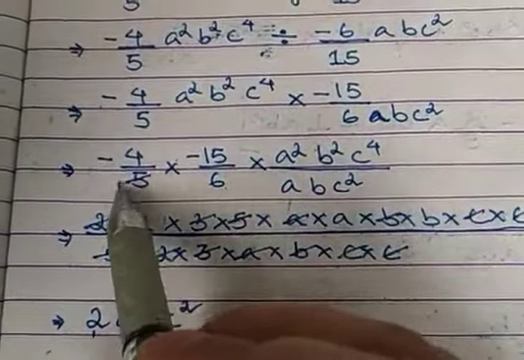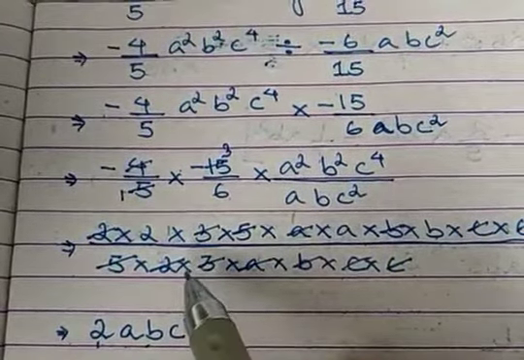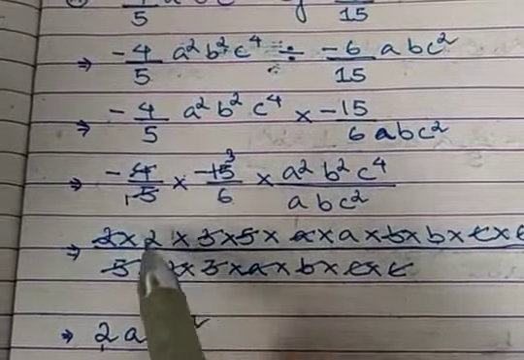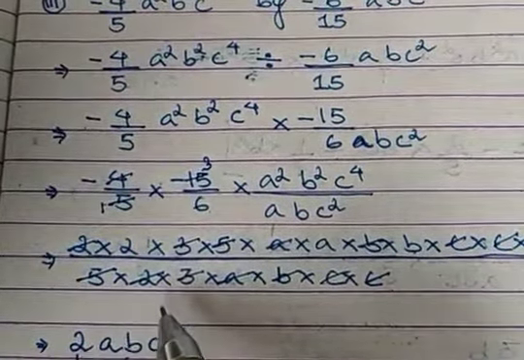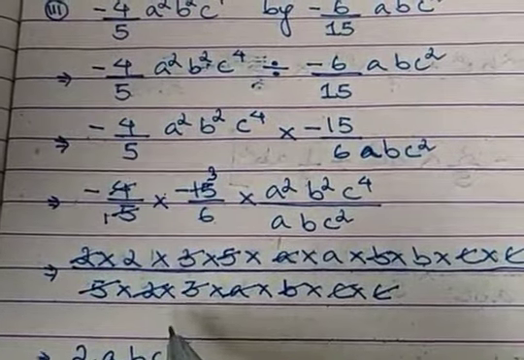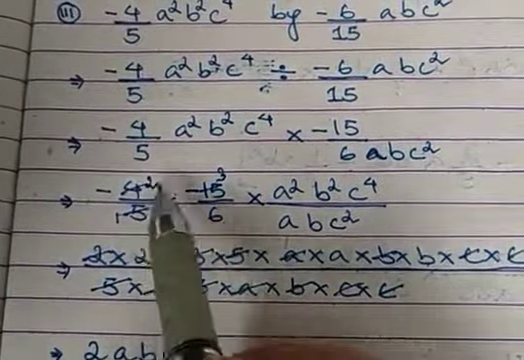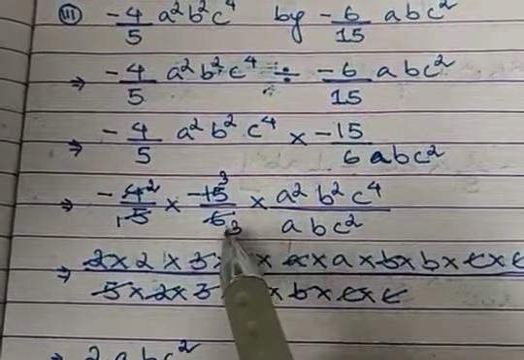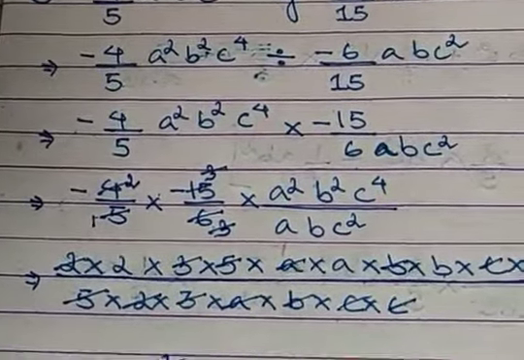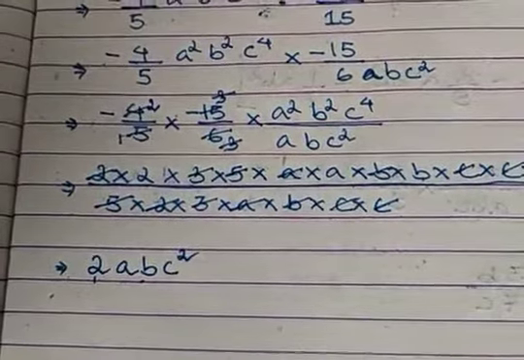For those who can do it directly, see, 5 1 times, 5 3 times is 15. 2, 3 times is 6, and this 3 and 3 got cancelled, isn't it? 2 times 4, 2 times 6, so therefore it is 2abc squared.